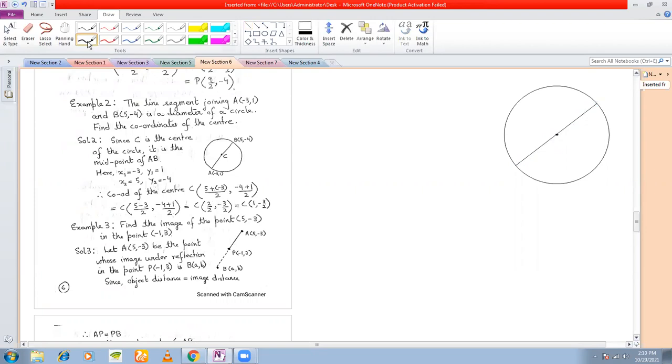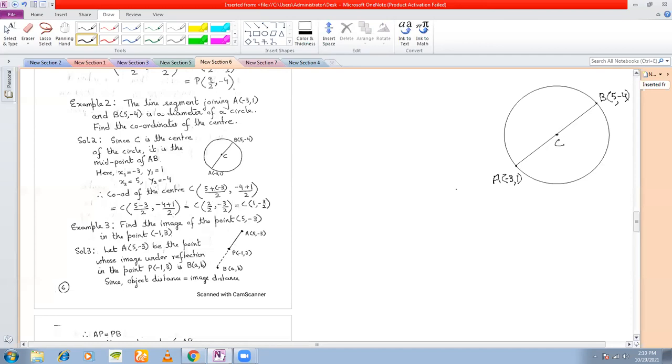Okay, so this is your diameter, and the line segment joining A(-3, 1) and B(5, -4) is the diameter of a circle. So AB is the diameter of a circle. Find the coordinates of the center.